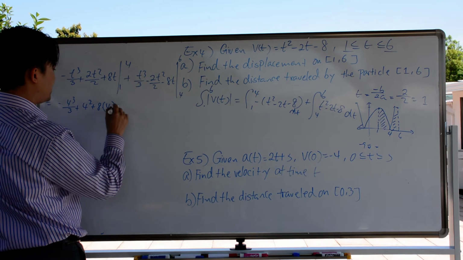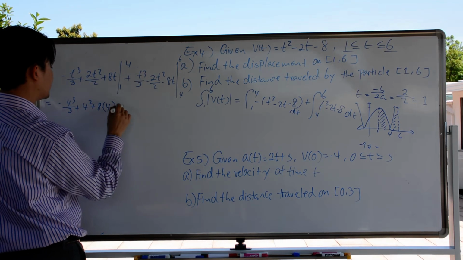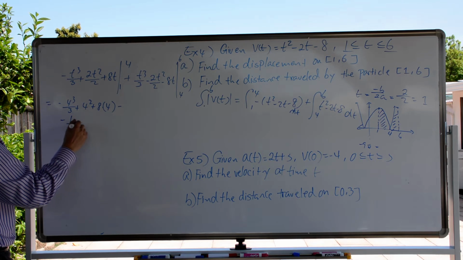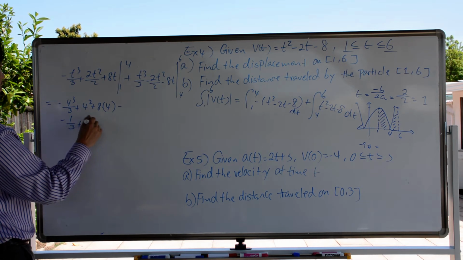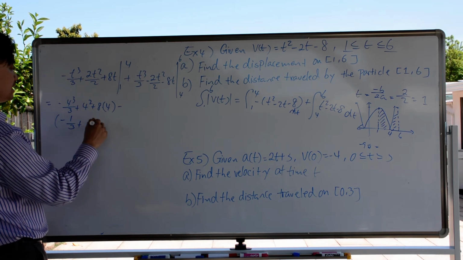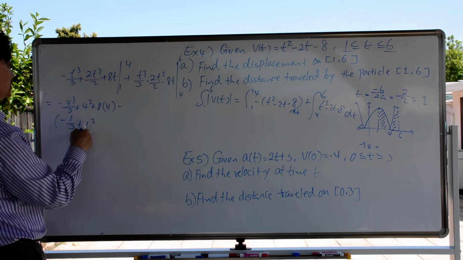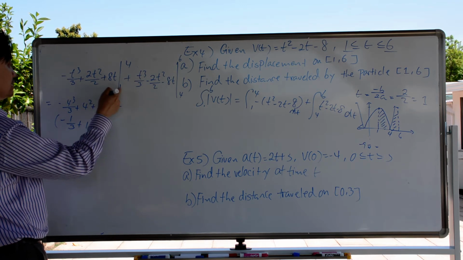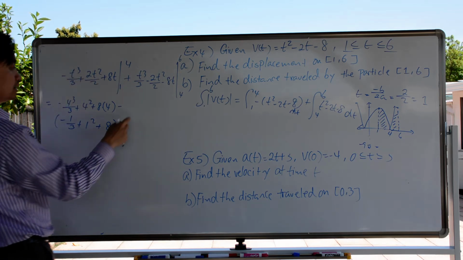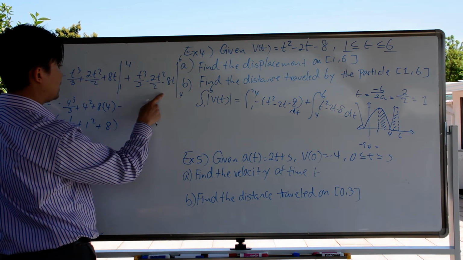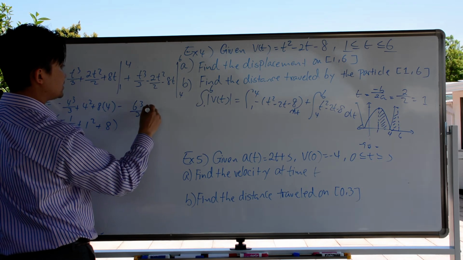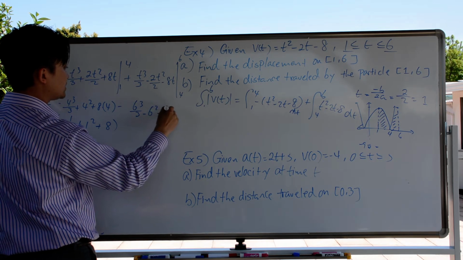And then minus, let's put it in parentheses for the whole quantity because you subtract the whole quantity: negative 1 over 3 plus 1 squared plus 8 times 1, so plus 8. So we just took care of the first integral. And now the second integral, we do have 6 to the power of 3 over 3 minus 6 squared minus 8 times 6.